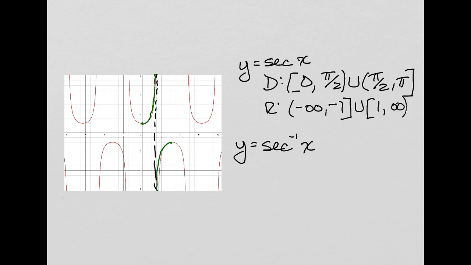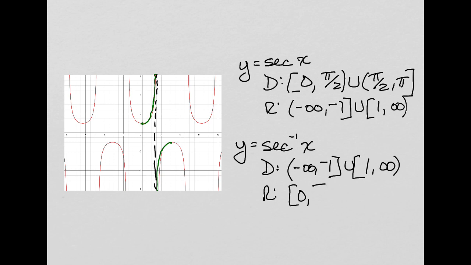Then the domain and range for the inverse secant one swap, as usually happens for inverse functions. And I'm looking at quadrants 1 and 2 for the range, making sure that we leave out that pi over 2 in the middle where the secant function isn't defined.